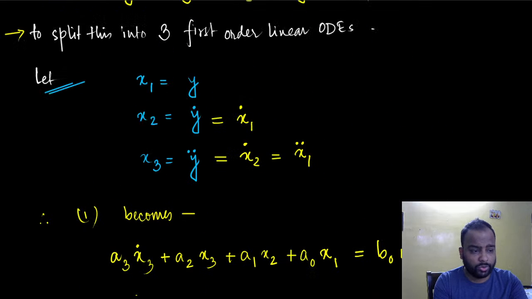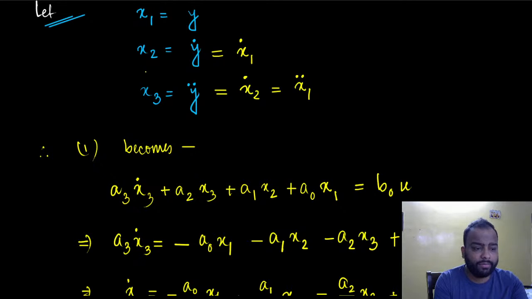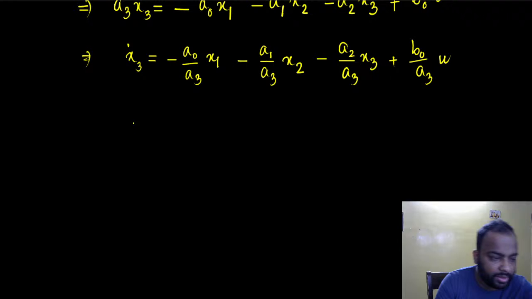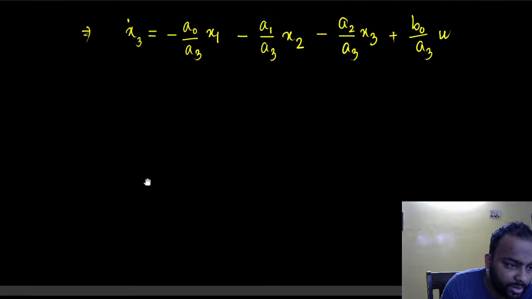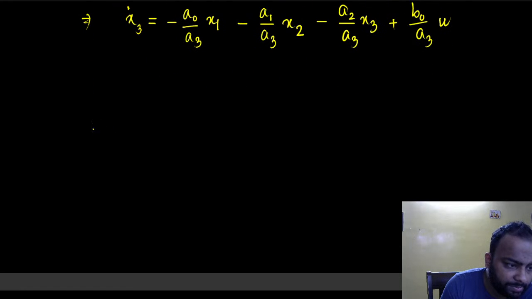Where are the rest 2? The rest 2 are actually here already. Okay, the other 2 are, so this is one, right? Let me just copy it. So let's keep that in mind.